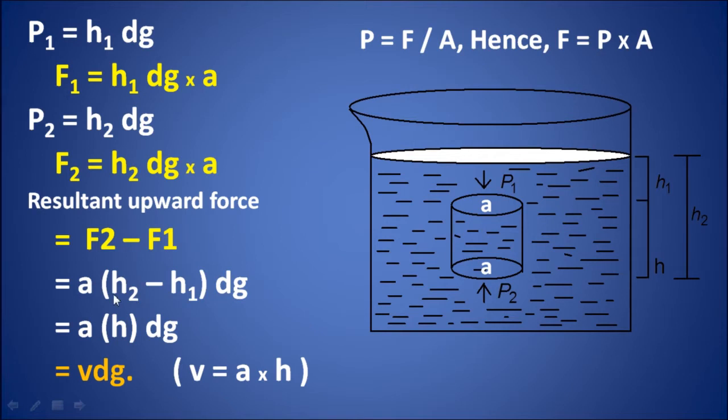We get h2 minus h1, and h2 minus h1 would be the height of the object. So we have area of the object into height of the object into d into g. Now area into height is volume. So the resultant upward force is equal to V into d into g.